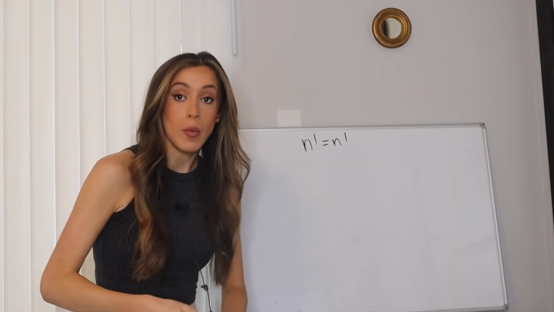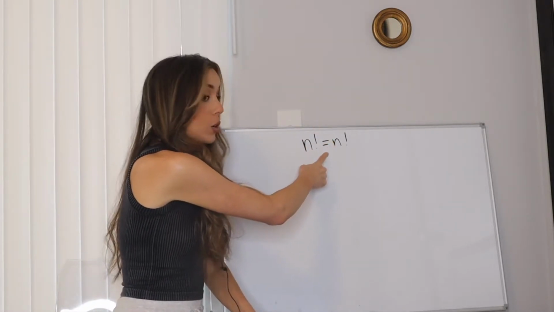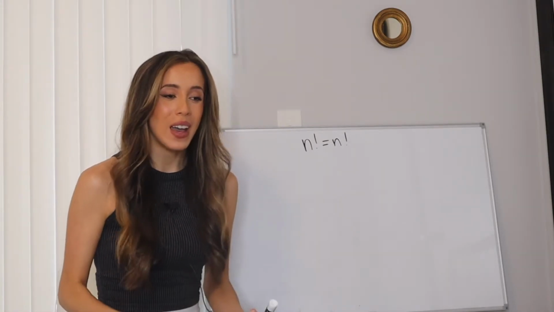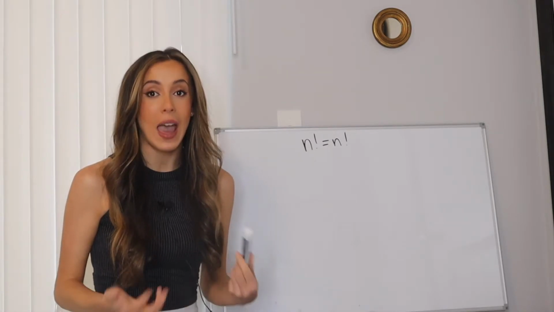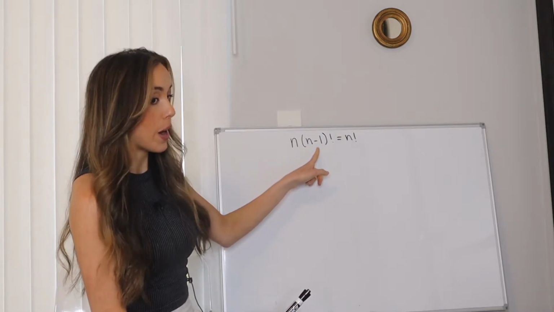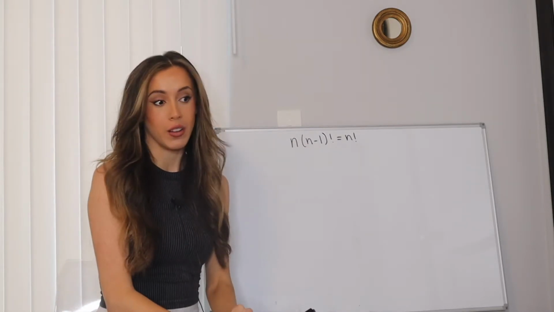This is obvious by the reflexive property. N factorial equals n factorial. No magic here, but we can separate the factorial by factoring out an n. N times n minus 1 factorial equals n factorial.